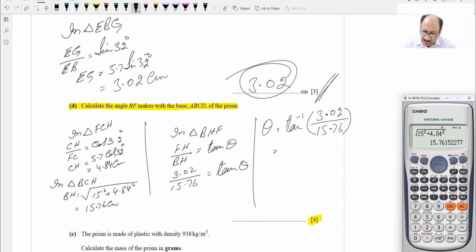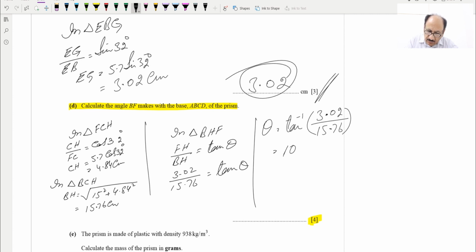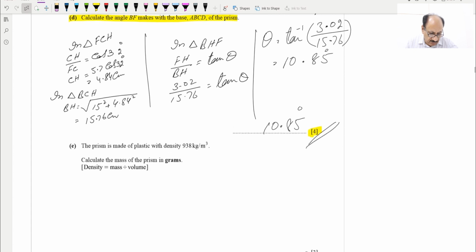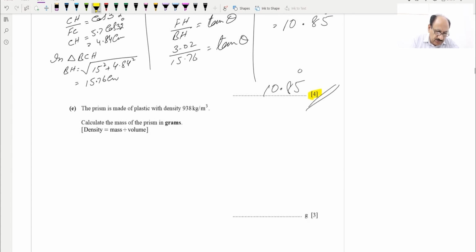We can take theta is equal to shift tan of 3.02 over answer, and this is equal to 10.846, or we can write 10.85. So 10.85 degrees will be our final answer, and this is a 4-mark question, which is very important for our GCSE.